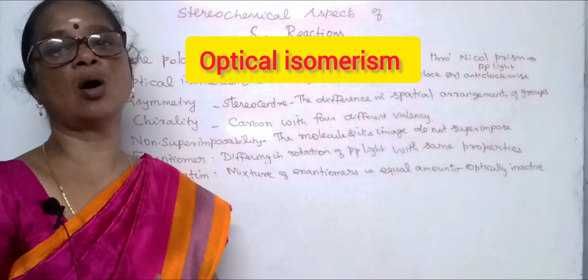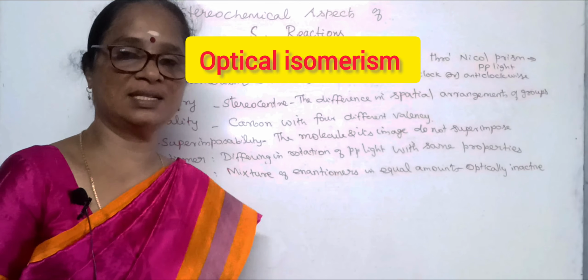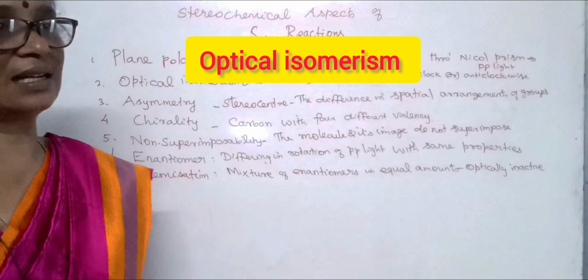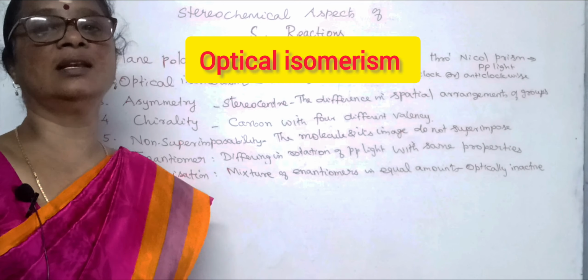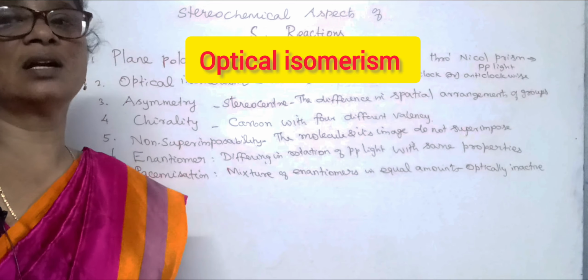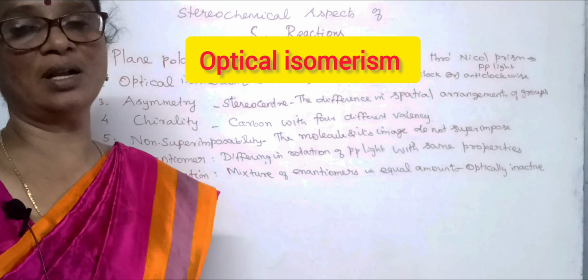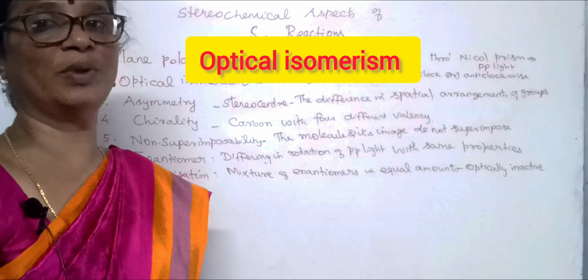Solutions of certain compounds are capable of rotating plane polarized light either in the clockwise direction or in the anti-clockwise direction. Such compounds are called optically active compounds, and the phenomenon is known as optical isomerism.